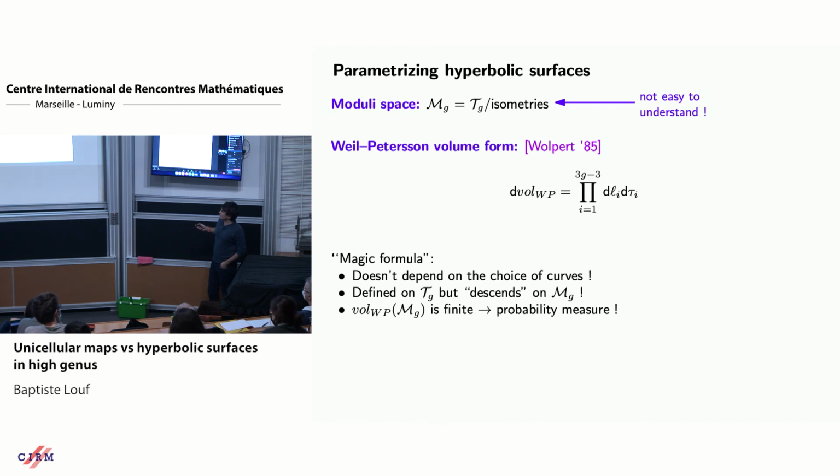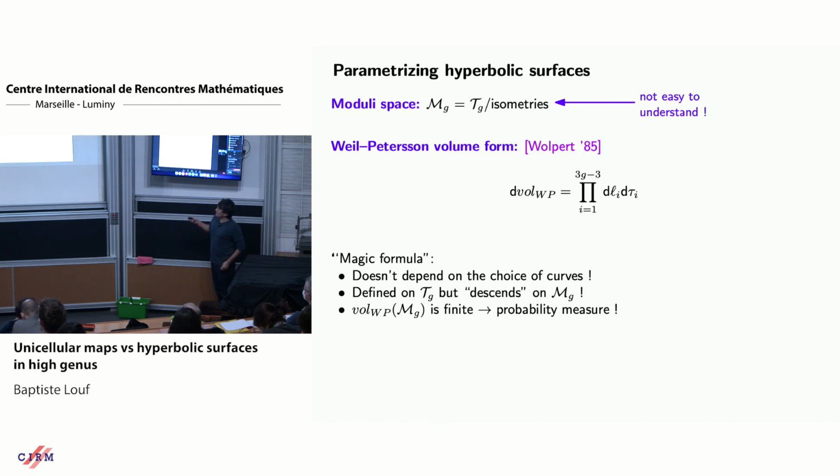This result has been called a magic formula, because there's plenty of magic things happening. First, it doesn't depend on the choice of curves. The coordinate system depends on your choice of curves, there's nothing canonical, but when you go to this volume form, it's actually independent. It's invariant under the action of the isometry group.